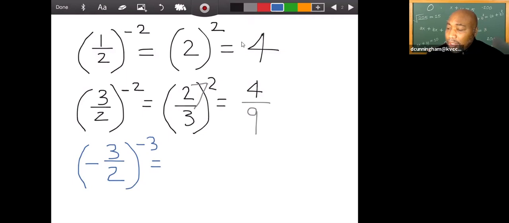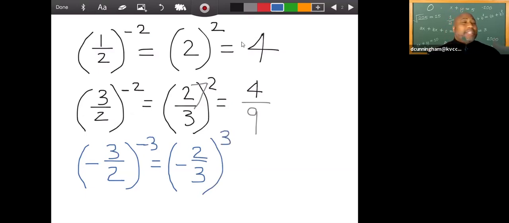I'm going to show you this. This is -2/3. I took the reciprocal of the base, and that helps me get rid of that negativity. Now, what I can do next is this is raised 3 times. So another way of looking at this, we're looking at -2/3 times -2/3 times -2/3. That's basically what it's saying.